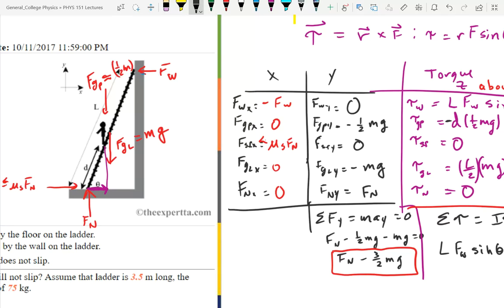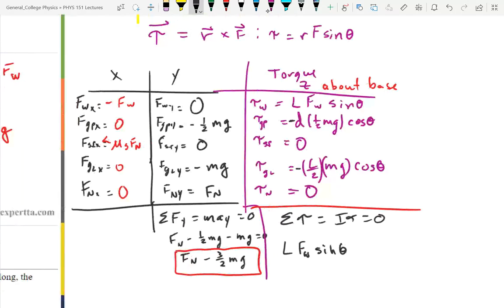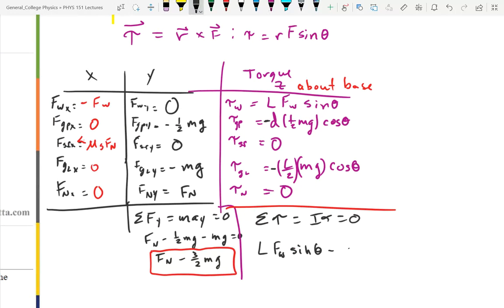And what about the torque due to the ladder? Exactly the same geometry, so that's negative as well. So there I have it. That's my sum of the torques equation.